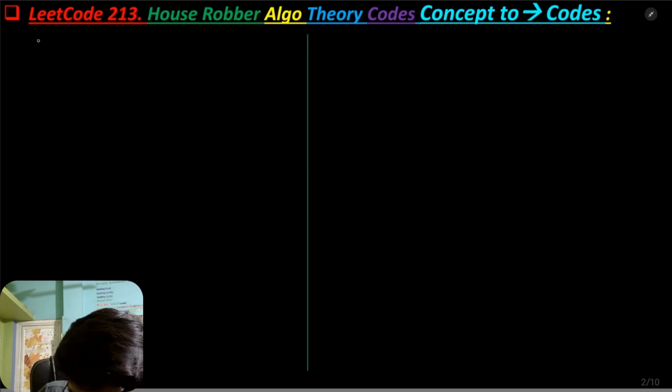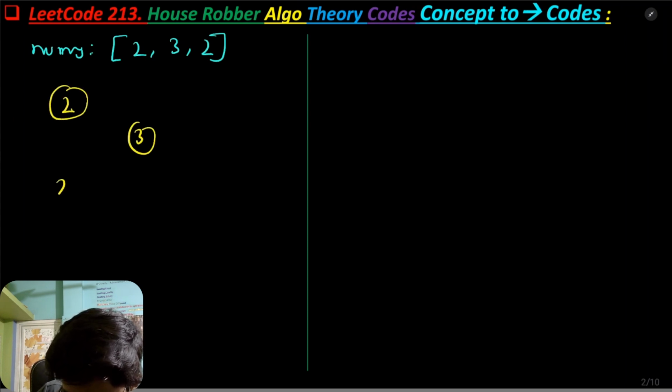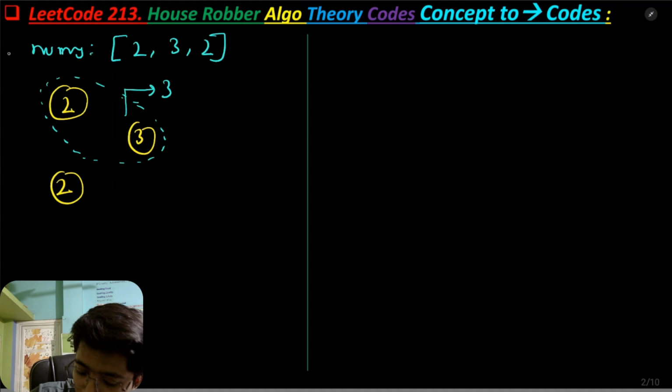So in our first strategy, case 1, the houses were 2 3 2. If we consider this section, 2 3, we can easily get the maximum from here, which would be 3. That was case 1.